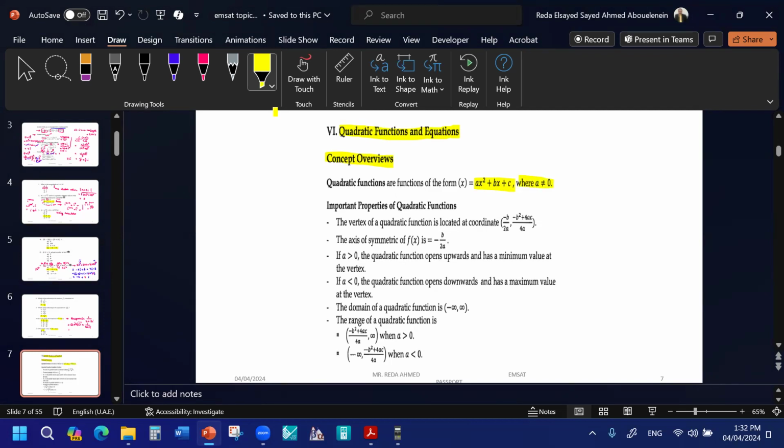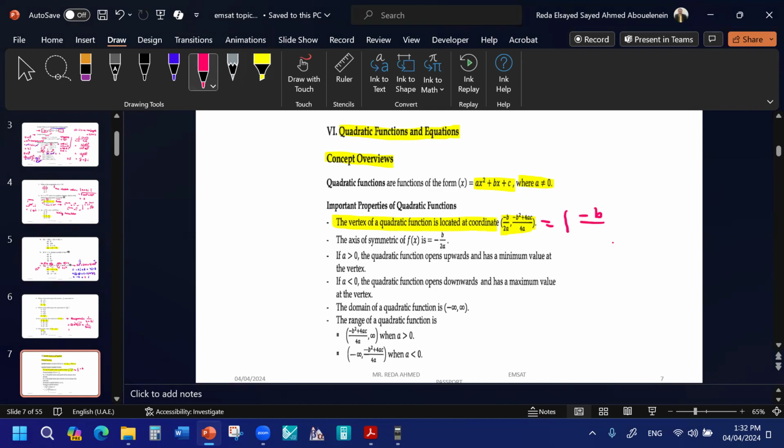Very important for this, the vertex of the quadratic function is negative b over 2a and f of negative b over 2a.